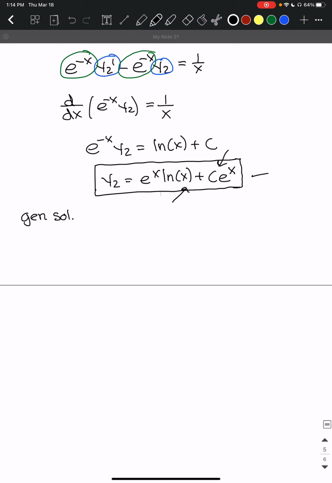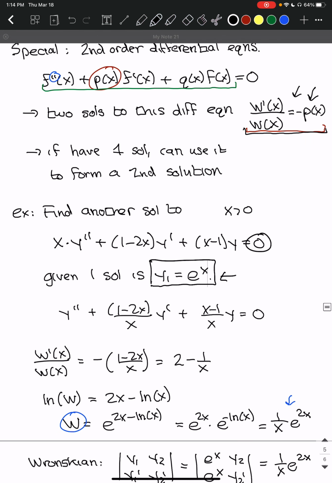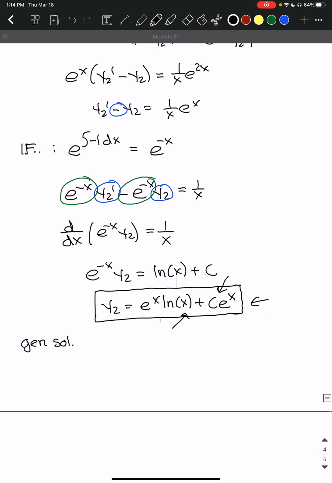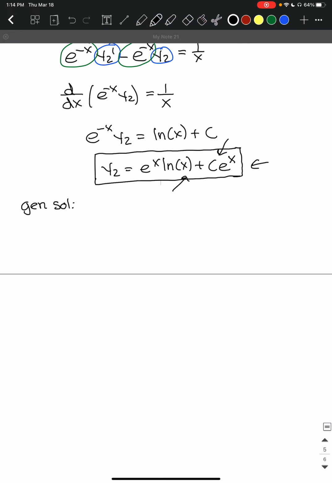This one as well will give me 0 because it's a solution. So I can add them up together. I can take scalar multiples of them, and they will all give me 0 plus 0 is equal to 0. Okay, so then my general solution is going to be y of x is equal to some constant a1 times y1 plus some constant a2 times y2.